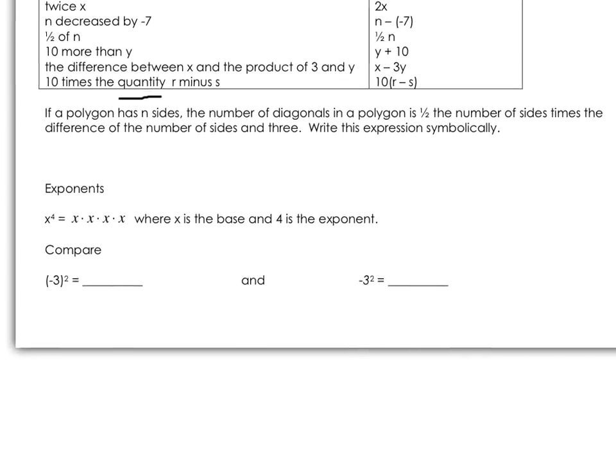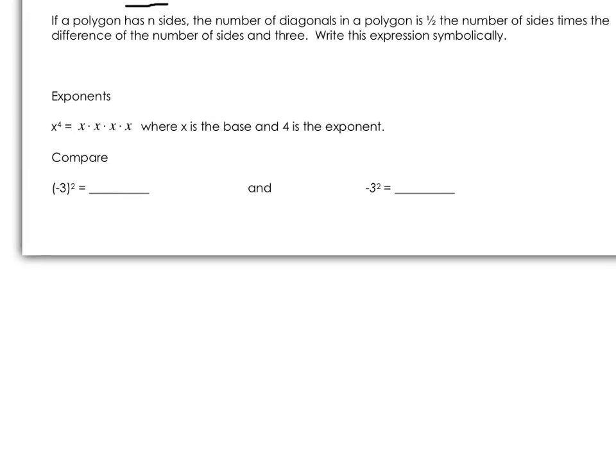So if a polygon has n sides, the number of diagonals in a polygon is 1/2 the number of sides times the difference of the sides and 3. Write this expression symbolically. Let's use a D for diagonals.